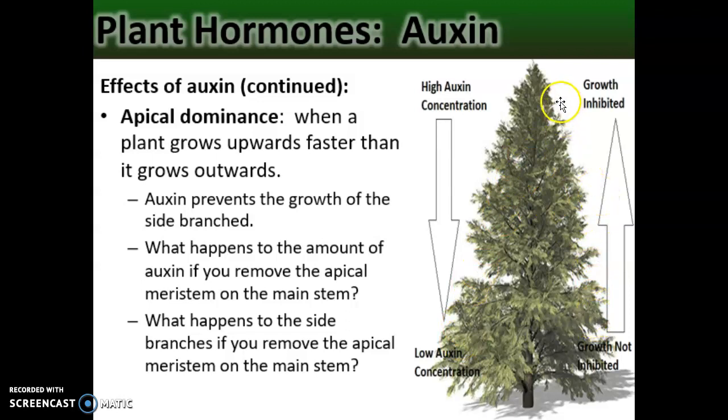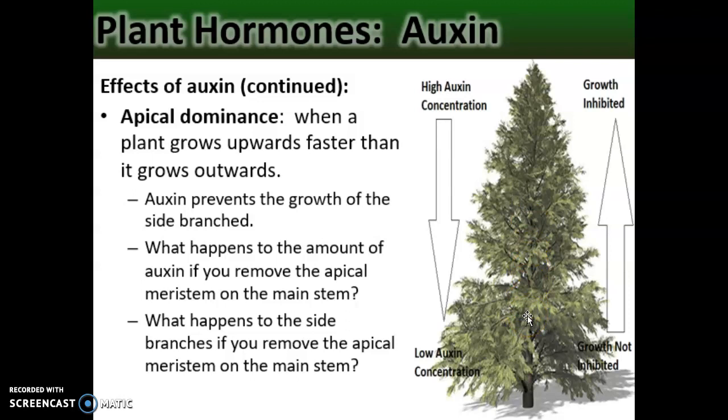Usually these trees have kind of a triangle shape, stretched out vertically. The reason is because all the auxin is produced right here at the top of the plant. Now, as it travels down to the base of the plant, the auxin concentration gets lower and lower.